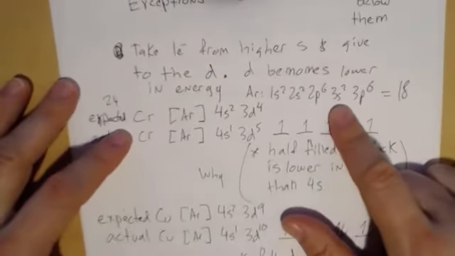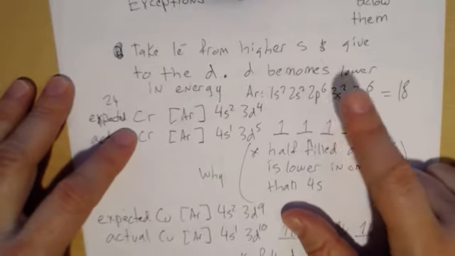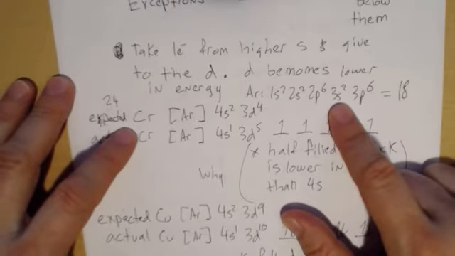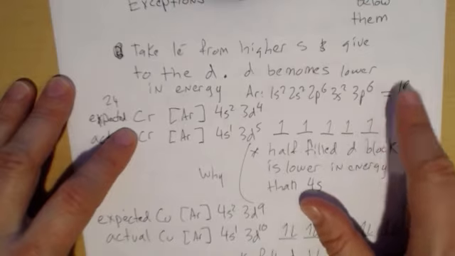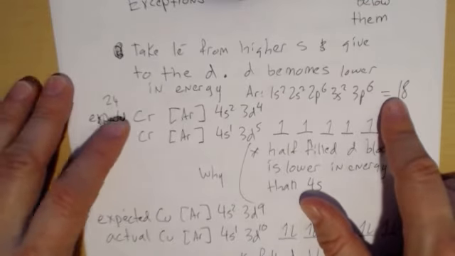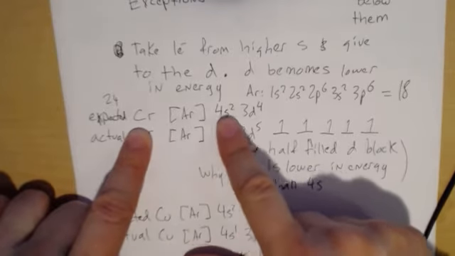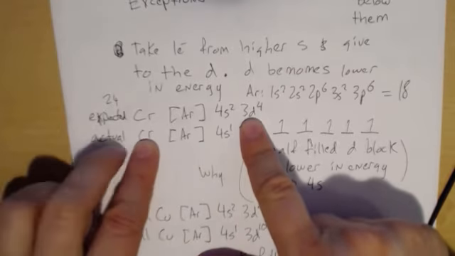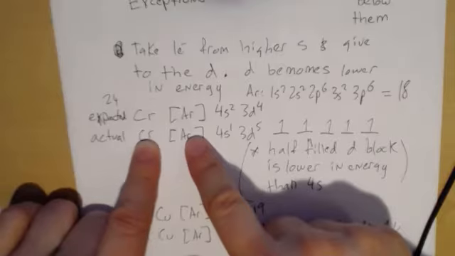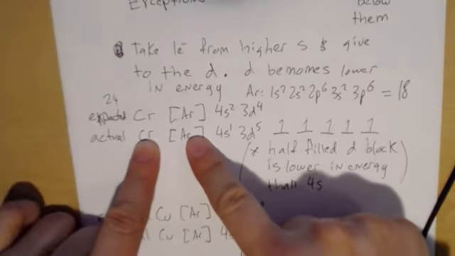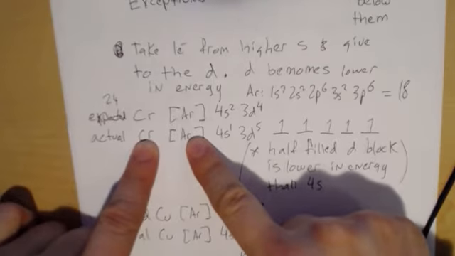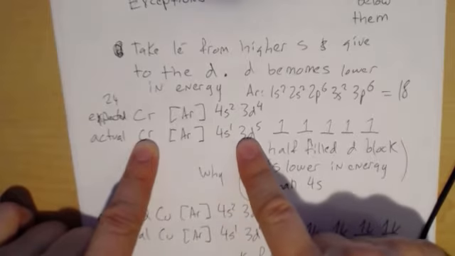So elements that are starting to fill the D block, filling the 3d, have a full shell up to argon. So the expected configuration for chromium was argon 4s2 3d4. But when they do the actual quantum mechanical calculations, what's actually lower in energy is argon 4s1 3d5.